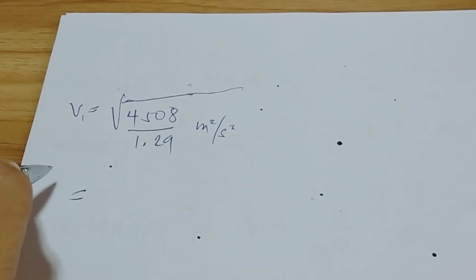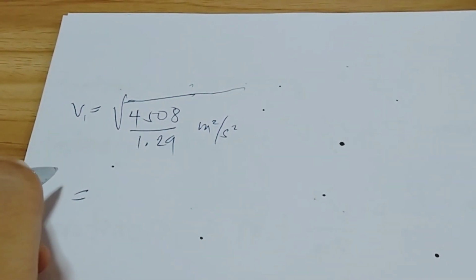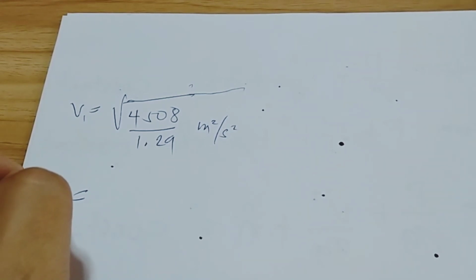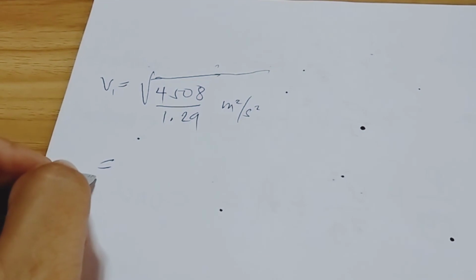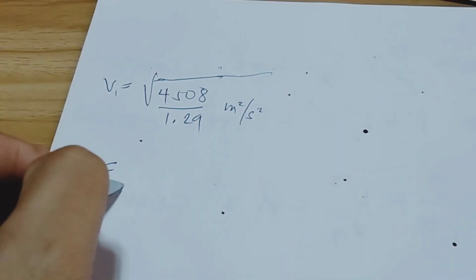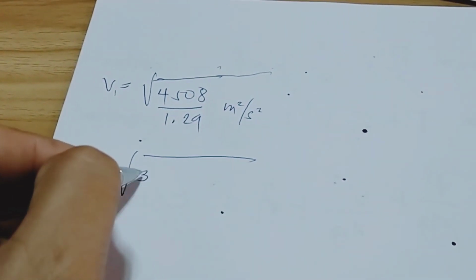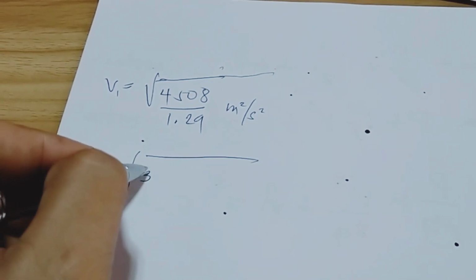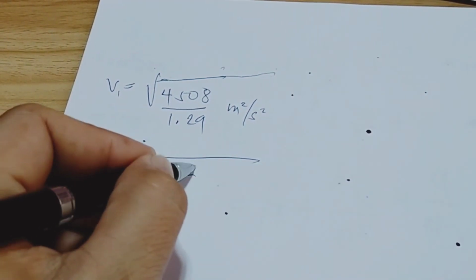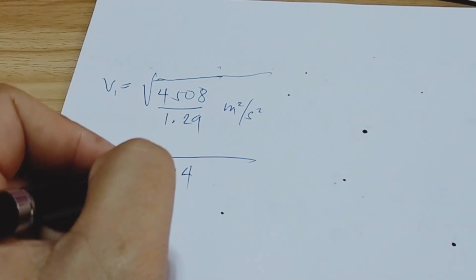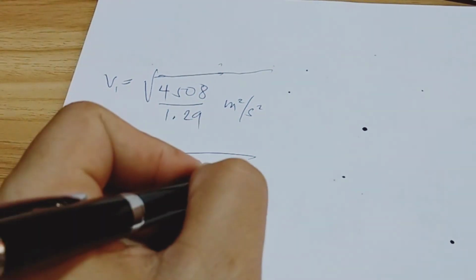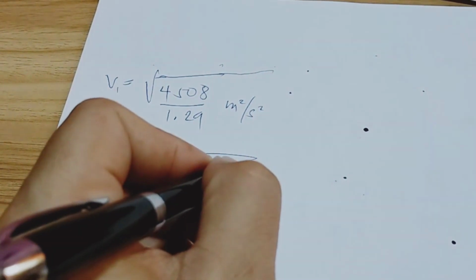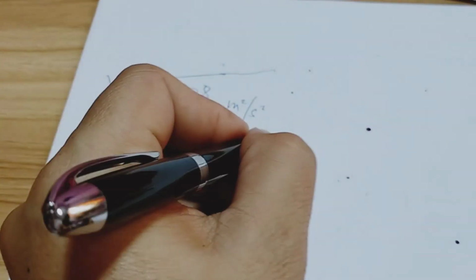Ang kakalabasan po niyan ay 3,494.58 meter squared per second squared.